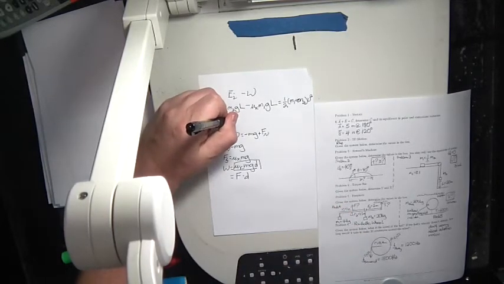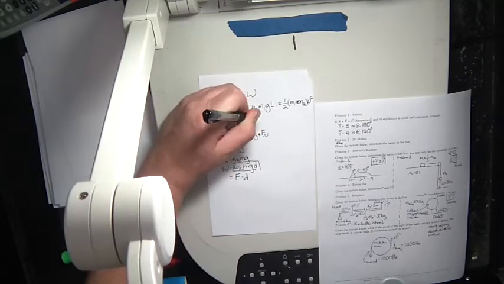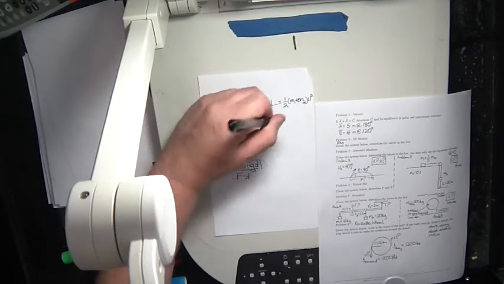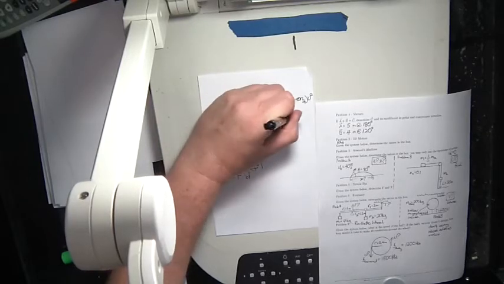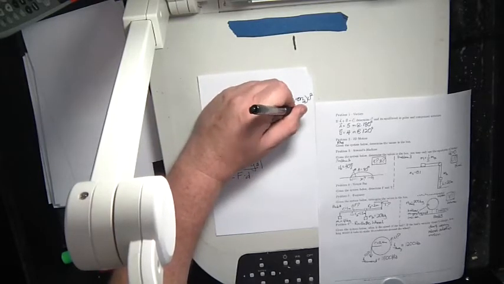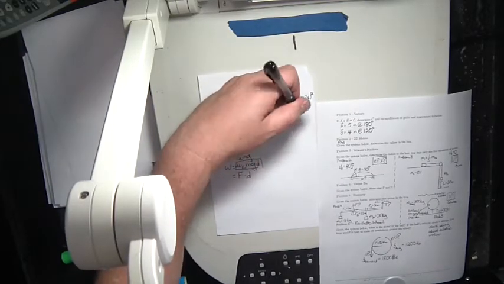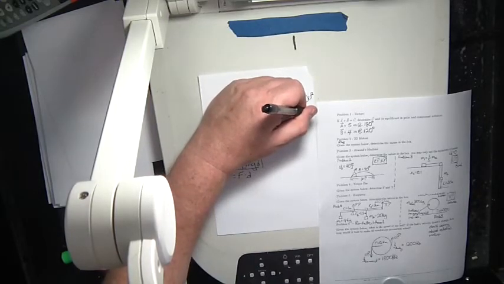So what you do is you have M2 GL minus mu sub K M2 over 5 GL equals 1/2 M1 plus 1/5 M2 plus 1/5 M2.